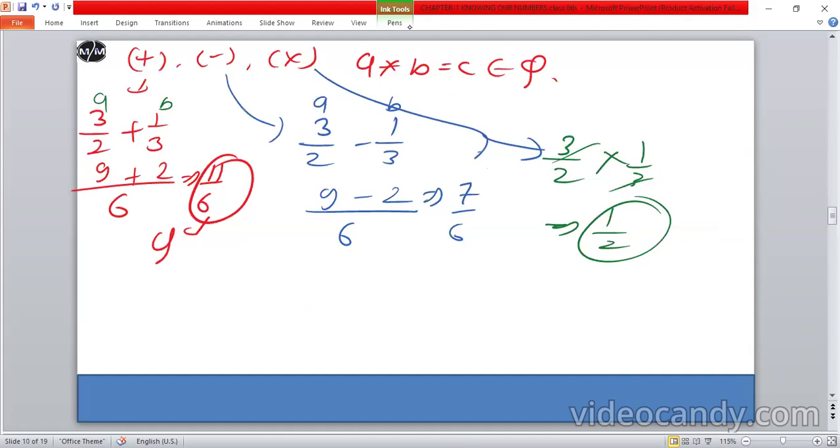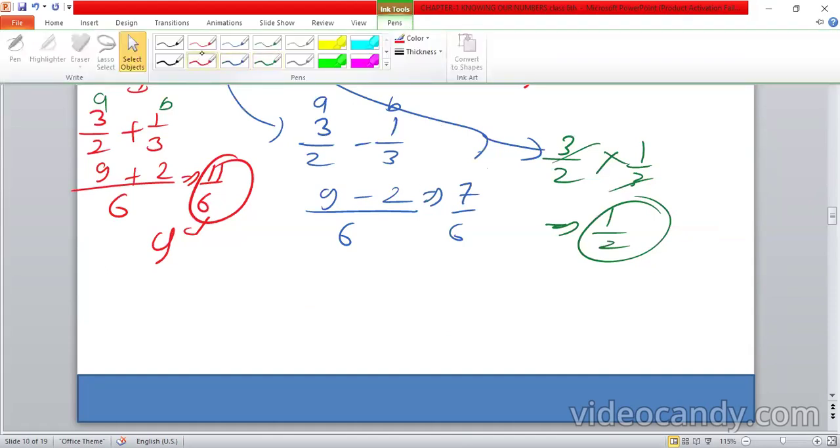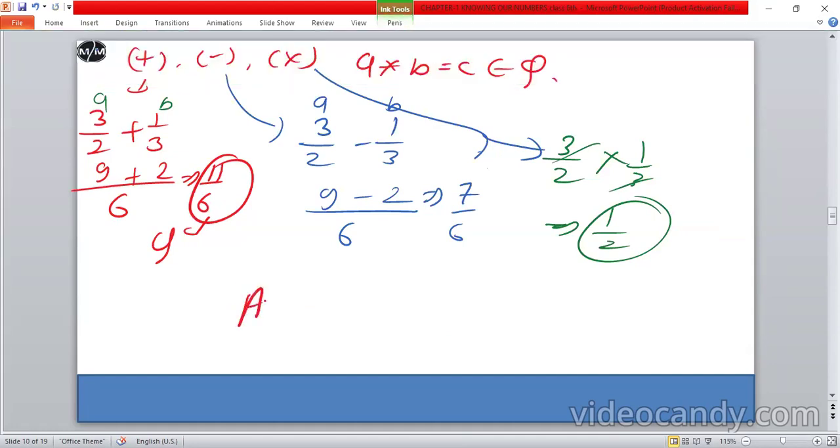And what is the closure property? A operation B equals to C. A, B, and C are rational numbers.